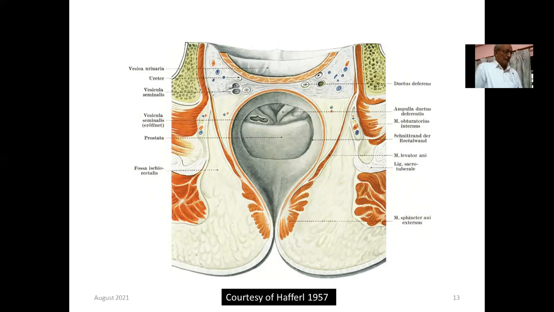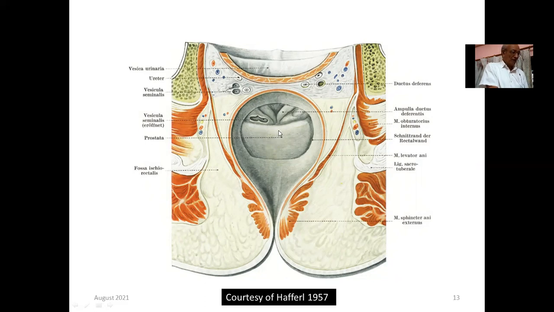And this is, if you dissect from the back and open the rectum, in front of the rectum you find the prostate gland. So the rectum is utilized particularly for digital rectal examination, PR, and also for ultrasound, and there may be other uses.